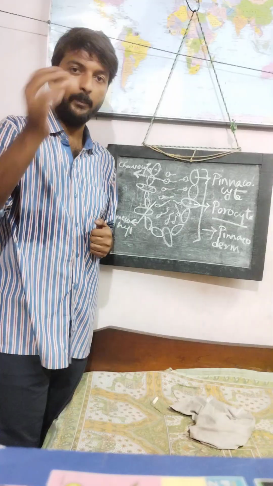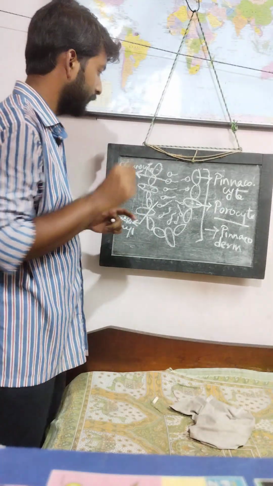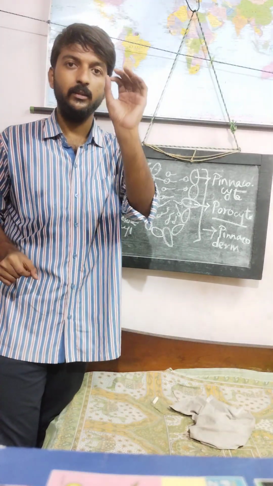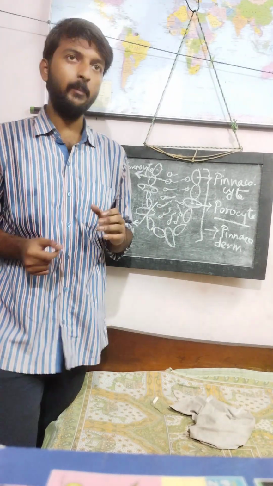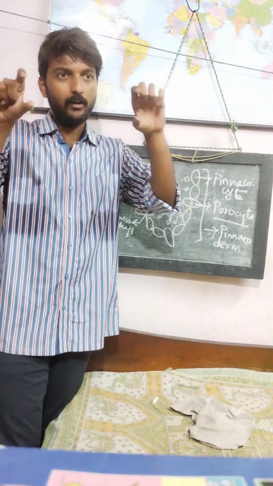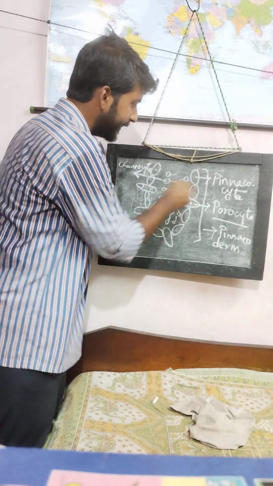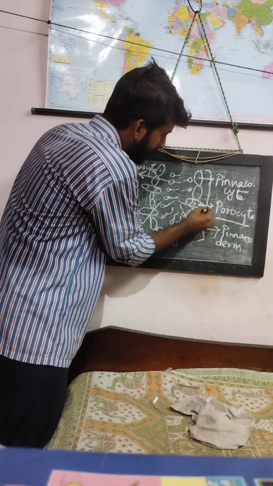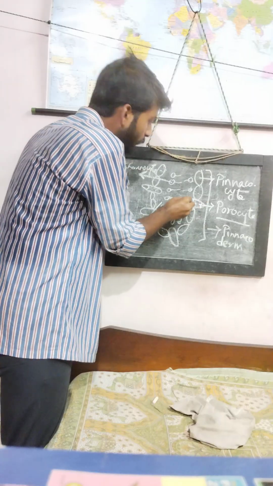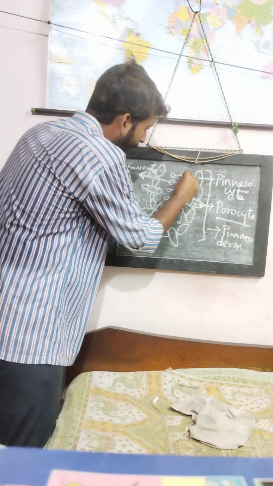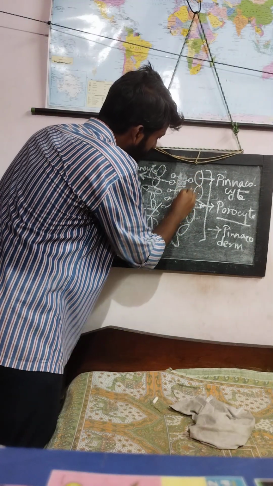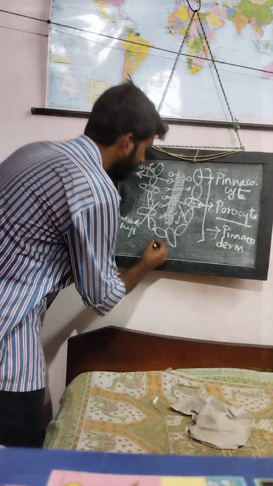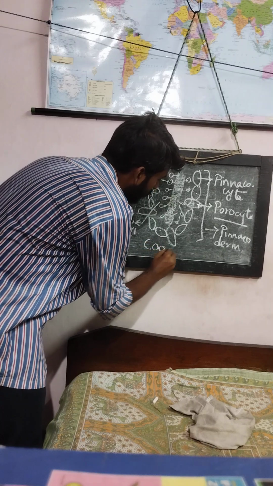Now let me come to the next point. So this is a porocyte. So this particular cell has some pore. You can imagine this porocyte cell like a tube. So this cell is like a tube and water enters from this end of the tube and it will flow inside it, and बीच का ये जो कैविटी होता है, and we all know that cavity को बायोलॉजी में बोलते हैं coel, C-O-E-L.